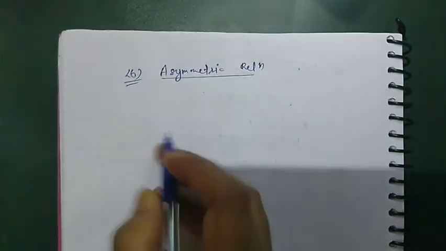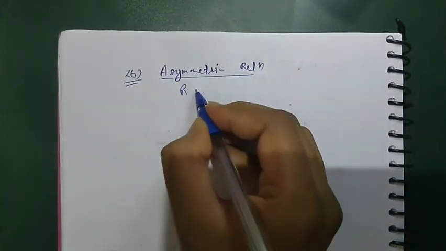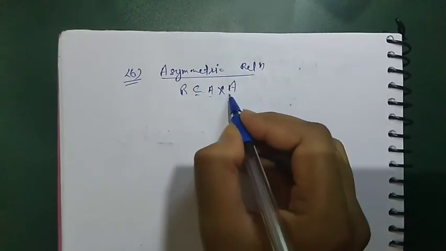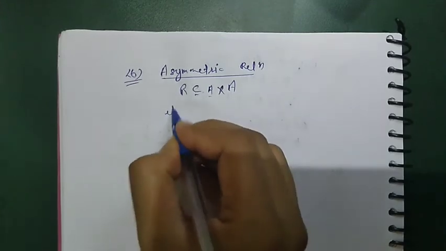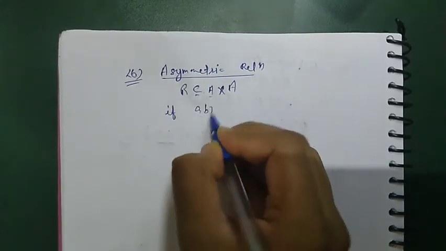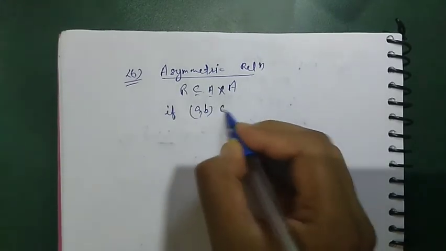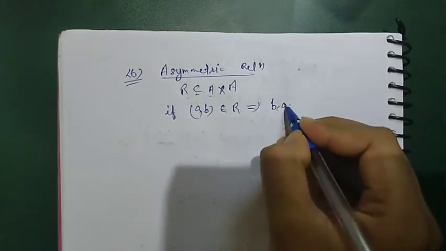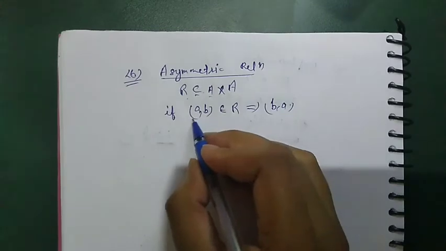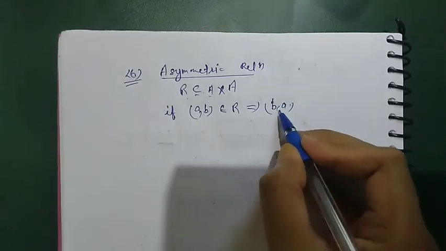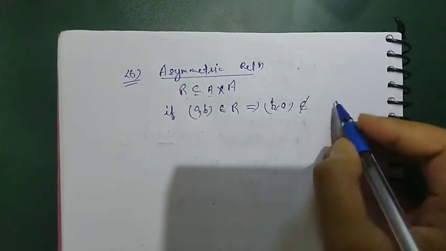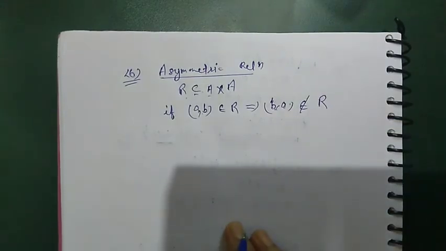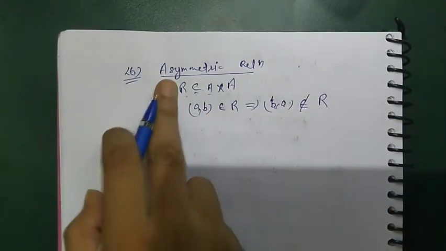If R is a relation on the set A, that is R is a subset of the Cartesian product A cross A, if the ordered pair (a, b) belongs to this relation R, then the converse of this ordered pair, which is (b, a), must not belong to this relation R. So this is the condition of an asymmetric relation.